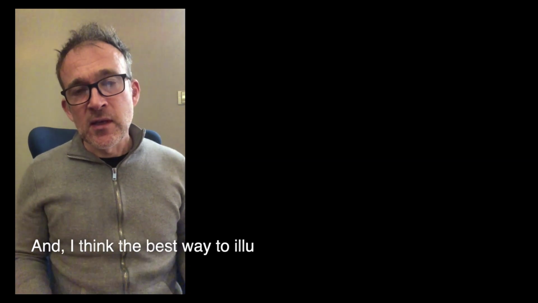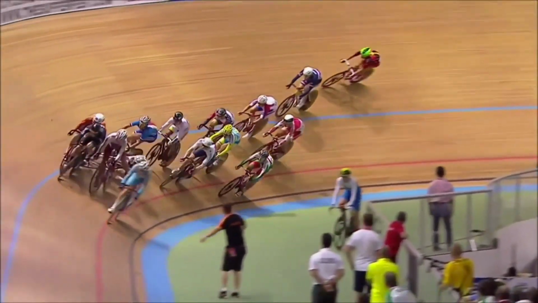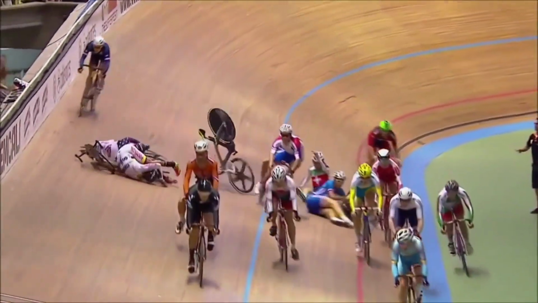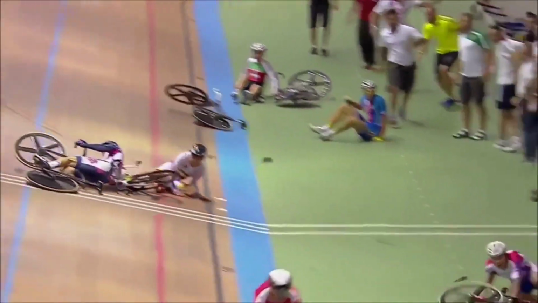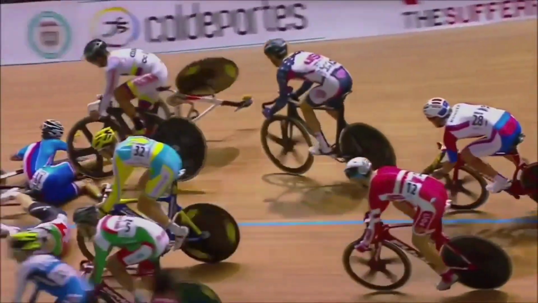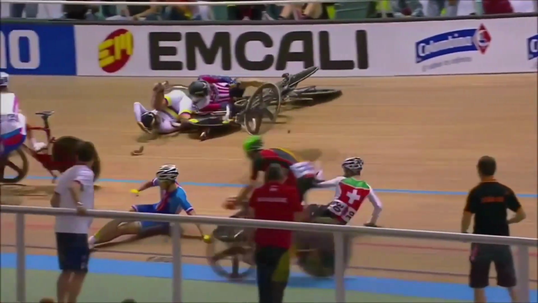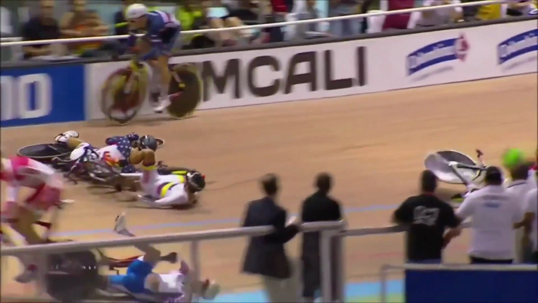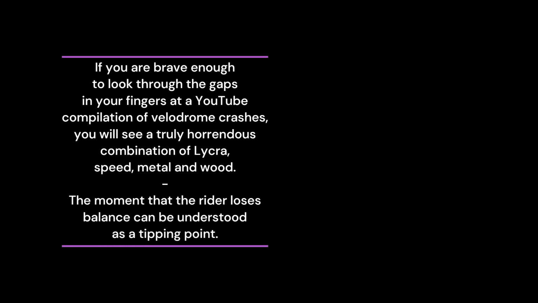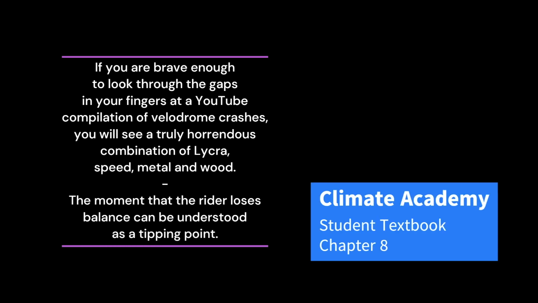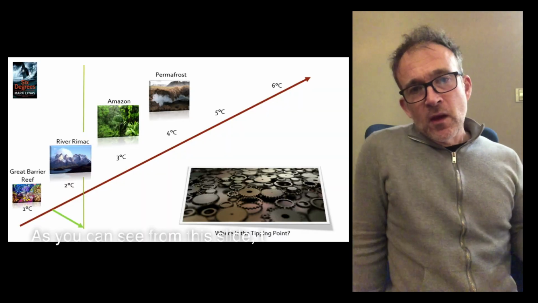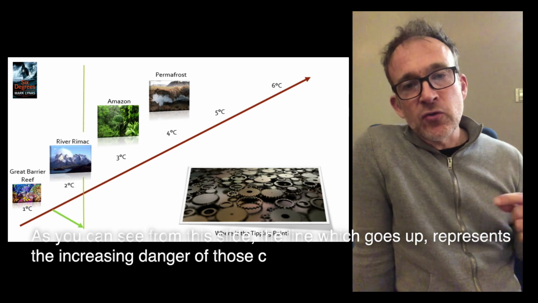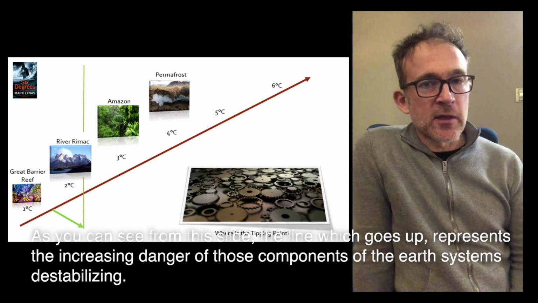And I think the best way to illustrate this is to just have a look at a bike race. As you can see from this slide, the line which goes up represents the increasing danger of those components of the Earth's systems destabilizing.